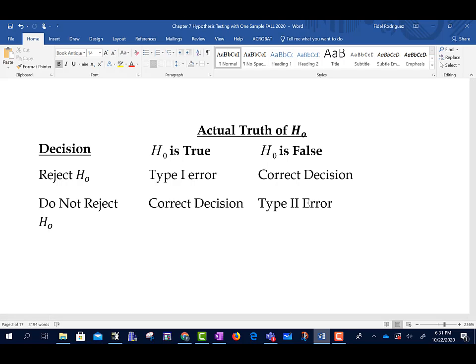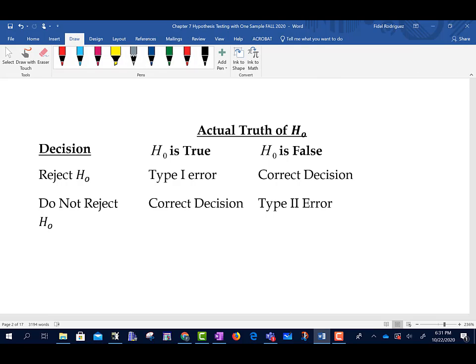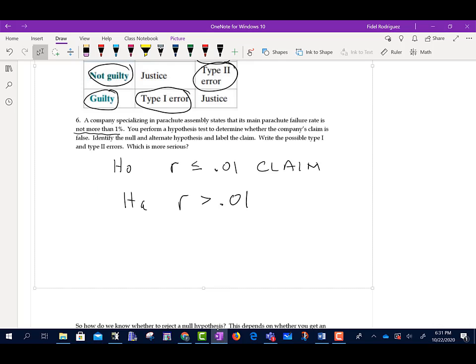A type 1 error says we reject the null when it's actually true. Let's see what that means.